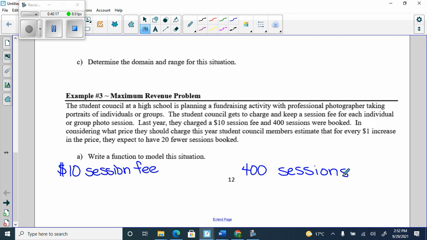So here it says, in considering what price they should charge this year, student council members estimate that for every dollar increase, am I going to put dollars with the dollars or with the sessions? What do you think? Dollars with the dollars, because you know they go together. Isn't that crazy? So they want to increase it by $1. We're going to add $1 per session, right? We'll just leave that there, per session.